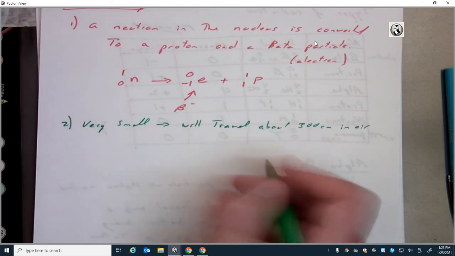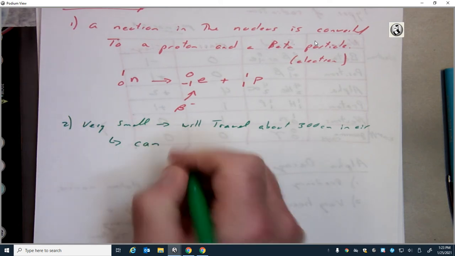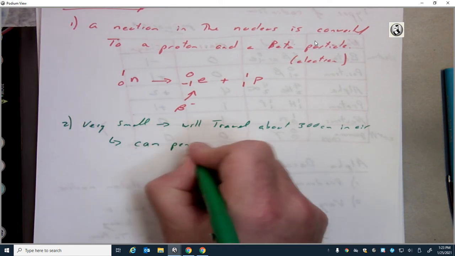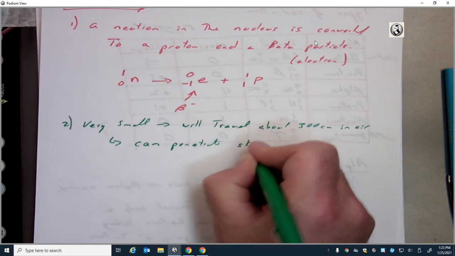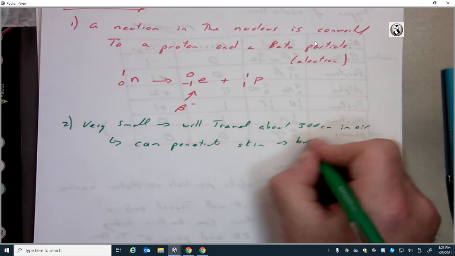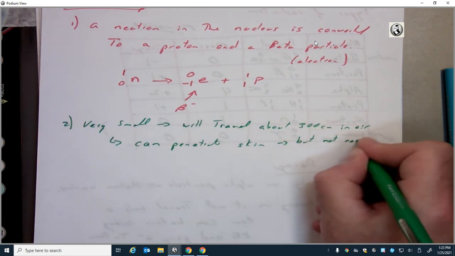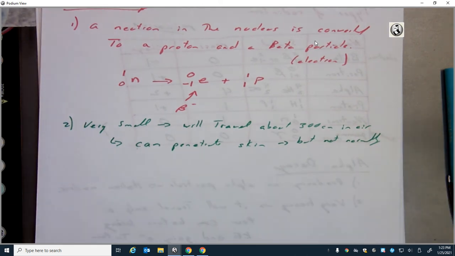So they can penetrate our skin, but not normally. They're usually absorbed in the skin. They won't get past our skin.